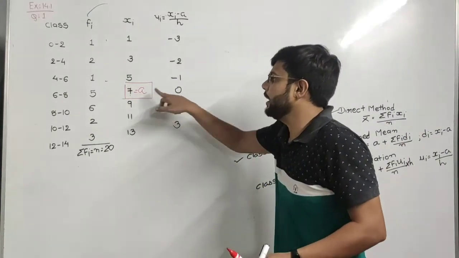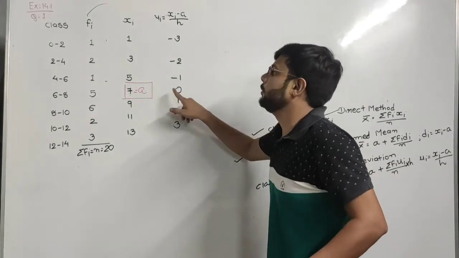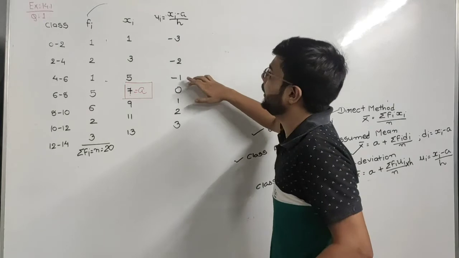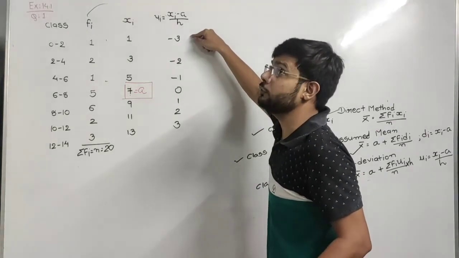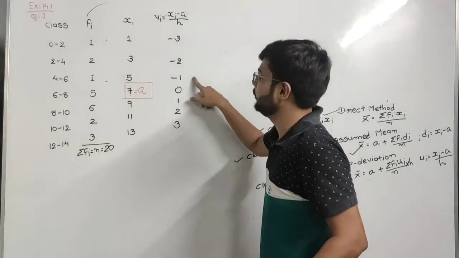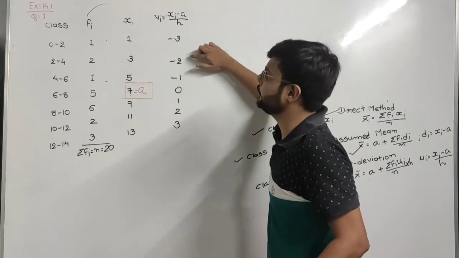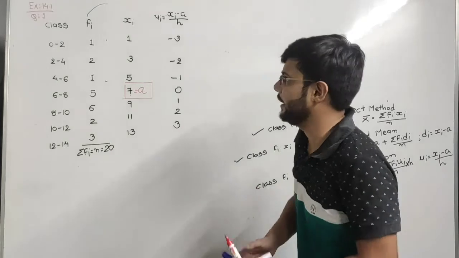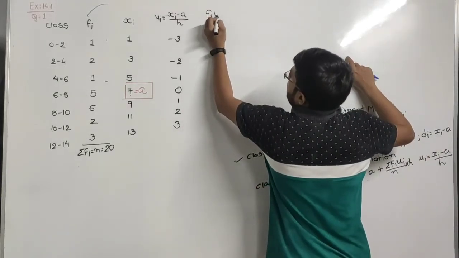So wherever the a is chosen in the step deviation method, opposite to a in the ui column you have to write 0 and then -1, -2 and -3. You have to start from here. That means going up from 0 you write -1, -2, -3, and going down you write 1, 2, 3, right?